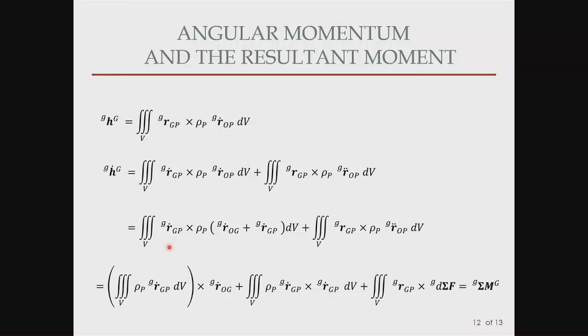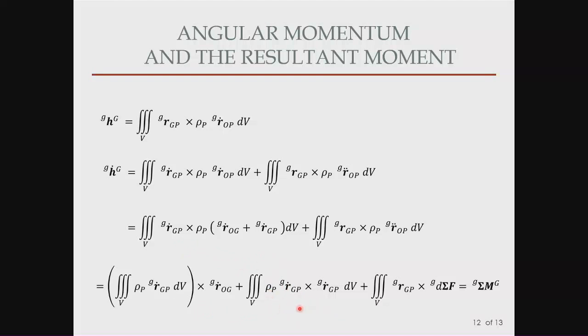So this one here, what did I do? I took ROG dot outside the integration. Can I do it? Yes. G doesn't depend on P. So I'm left with this guy here. You should already recognize this is 0. This part is this cross with this.